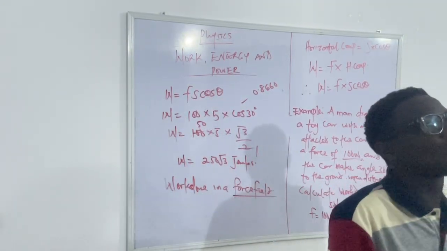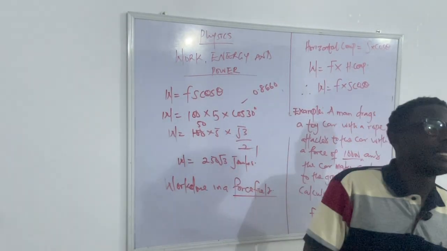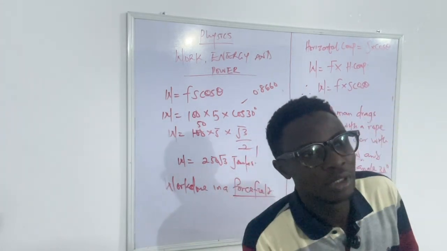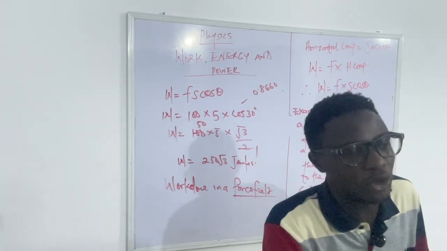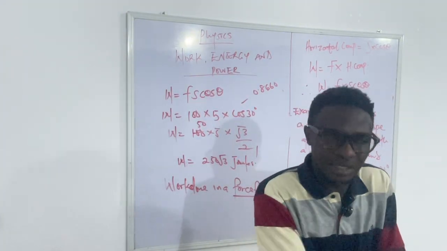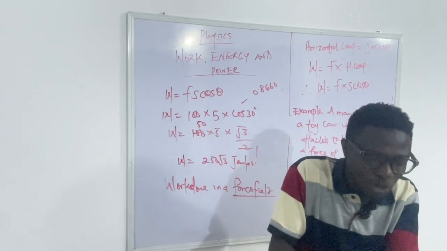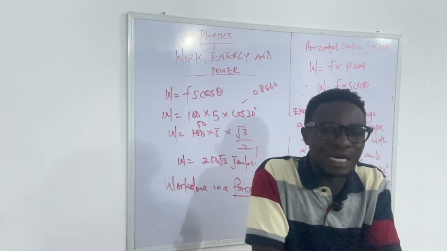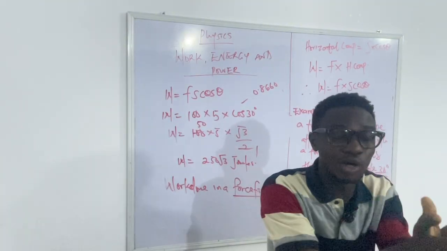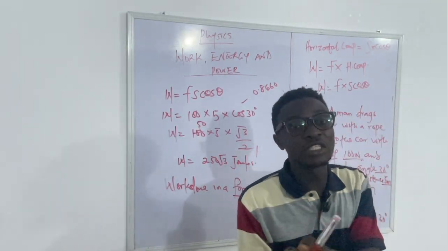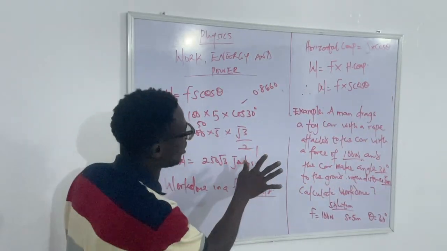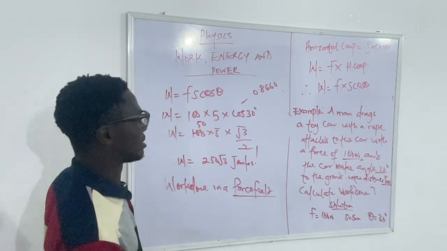Now, there are 2 types of force. There are, let's say, contact force and force field. Contact forces are all those forces of pull, push. Are we together? Tension force, they are contact force. They are forces that before you can apply to the object, you have to have a contact. And that is why it is called contact force. Now, force fields are forces felt at distance.